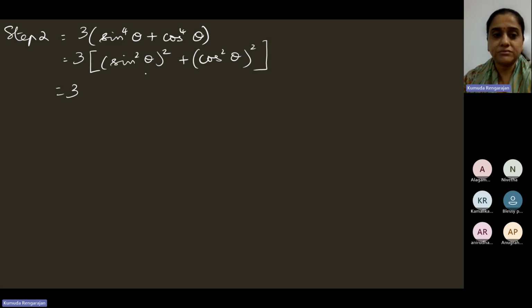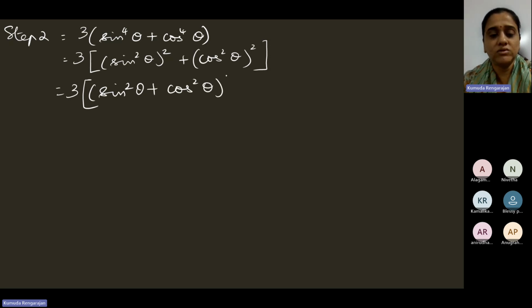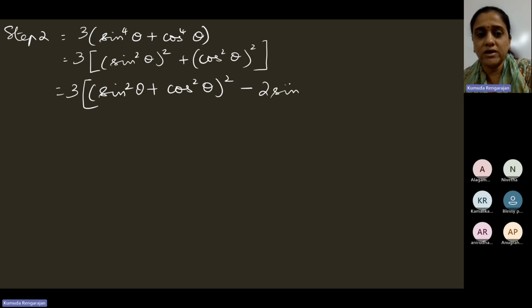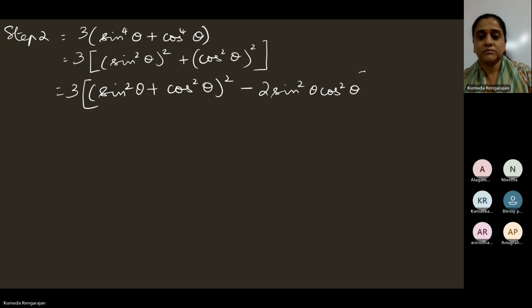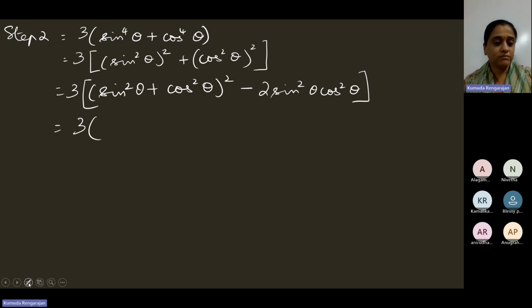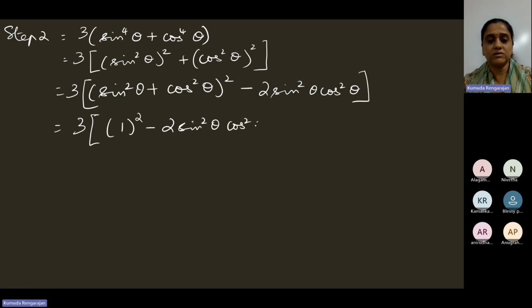A square plus B square is A plus B the whole square minus 2AB. 3 into, see, square bracket, 3 into 1 square minus 2 sine square theta cos square theta.